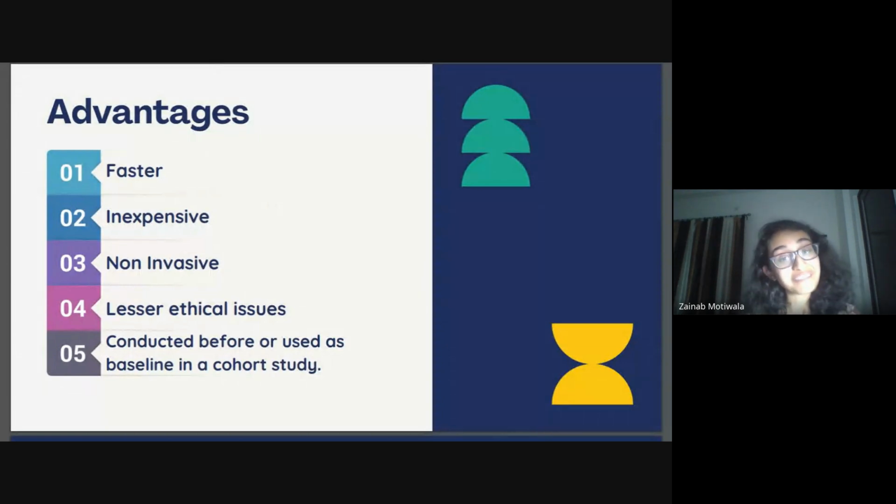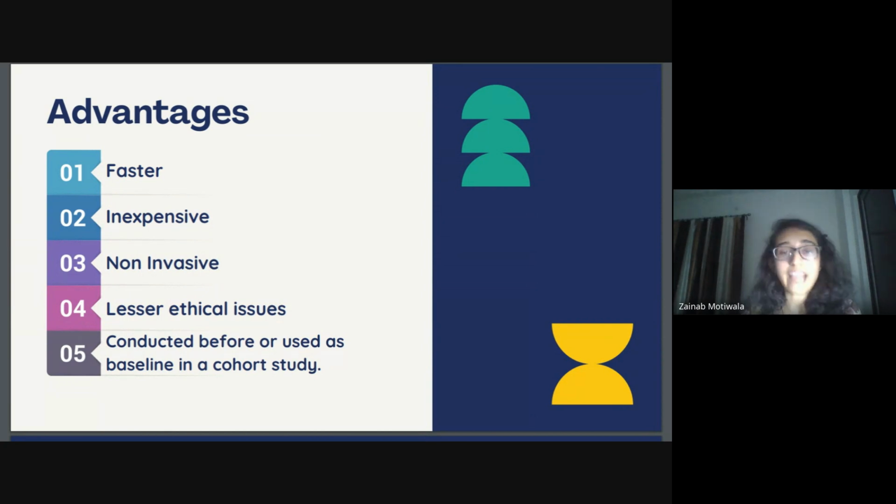Talking about the advantages of a cross-sectional study design. It's pretty fast, primarily because at the same time we are comparing both the disease and the exposure. We're not following up patients, so it's really fast. At the same time, it's very inexpensive.